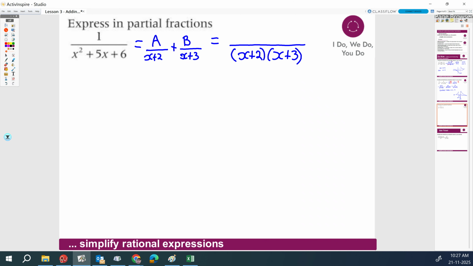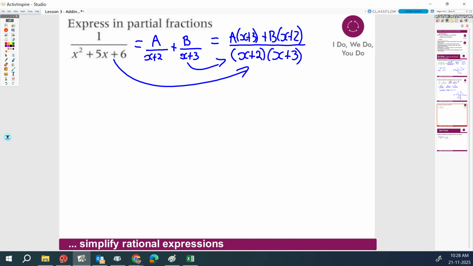So the relationship here between this one and this one: if we look at going from here to here, how do we combine the two fractions? We would combine with A times x plus 3, and B times x plus 2.